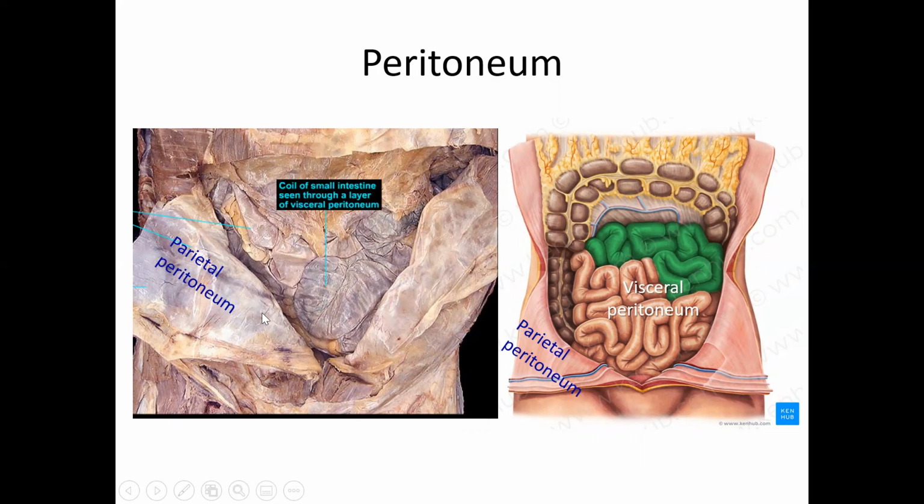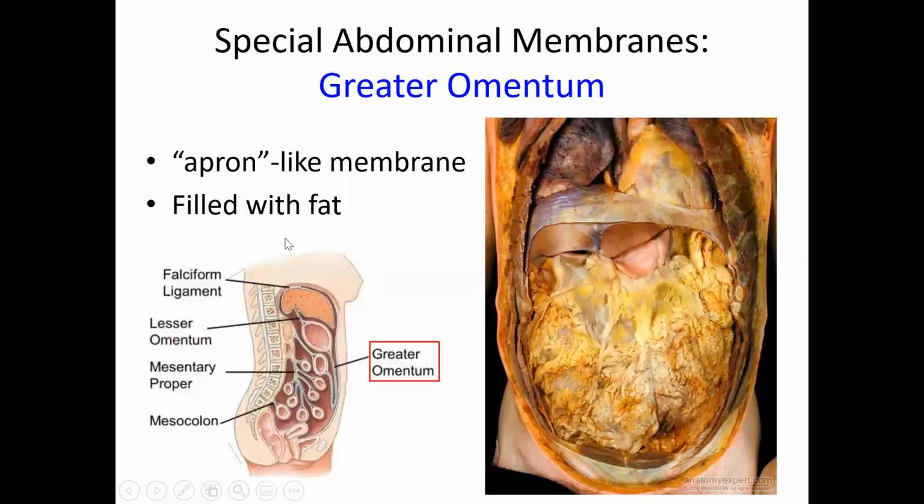You're going to see a shiny layer on the inside here. So this shiny layer lining the inside of the abdominal muscles, that would be the parietal peritoneum. And then the shiny layer that's on the organs themselves, that would be the visceral peritoneum. Okay, so what we're looking at in this picture would be the large intestine. Over here would be the small intestine.